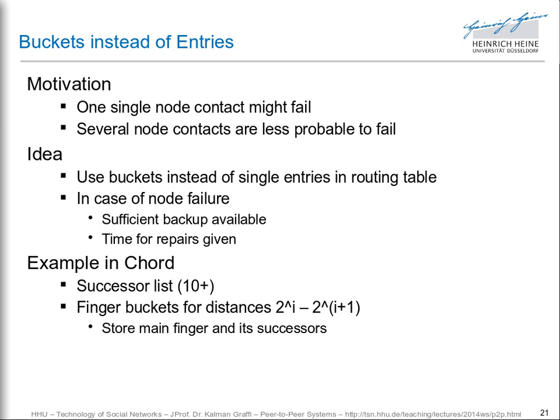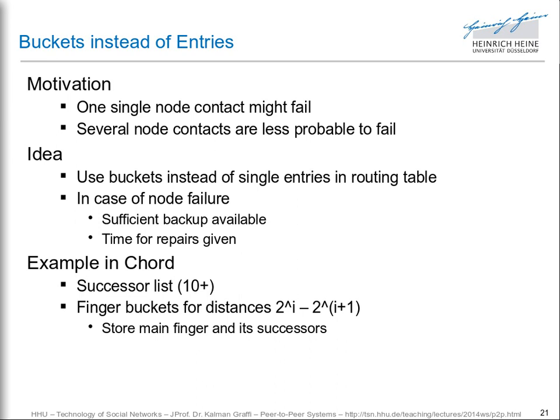Also, we have an example in Chord. We can use a successor list instead of just one entry, because if this entry fails, we have a problem, because we have to contact, for example, a finger or so. And the successor list is pretty robust. For example, OpenChord uses a configurable successor list with the length of 2 as a default value.